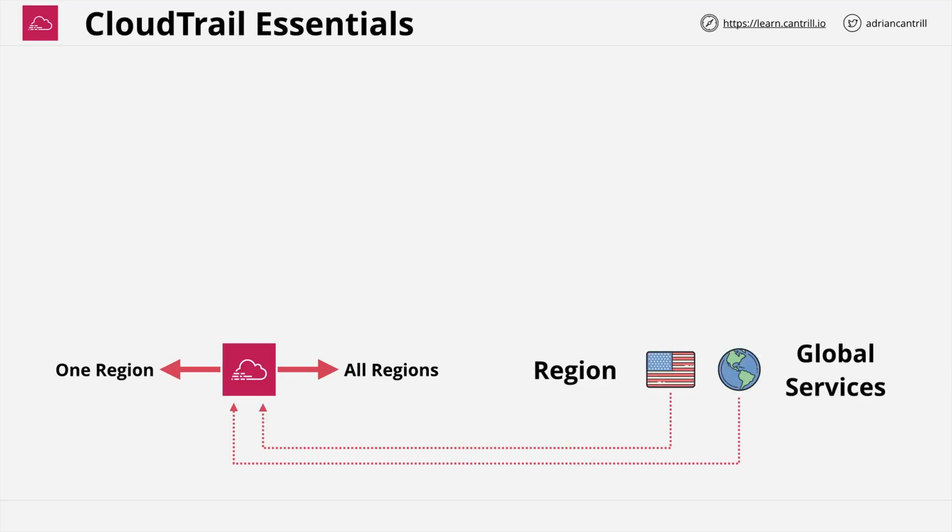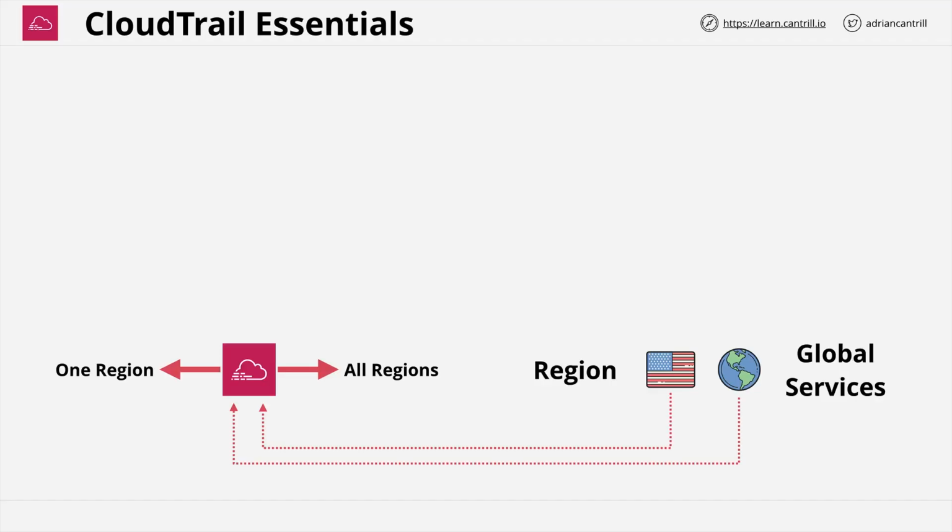Now, most services log events in the region where the event occurred. So if you create an EC2 instance in AP Southeast 2, then it's logged to that region, and a trail would either need to be a one region trail in that region, or it would need to be an all regions trail to pick up that event. A very small number of services log events globally to one region.